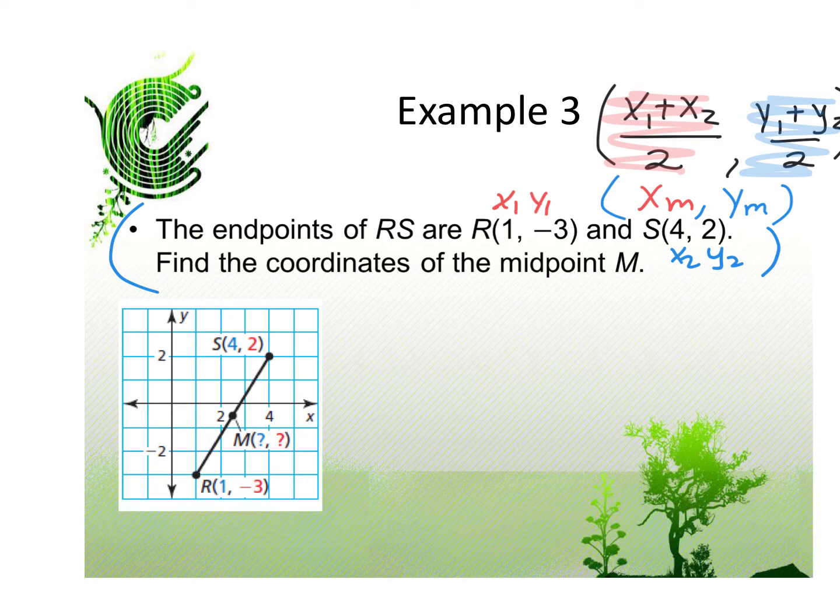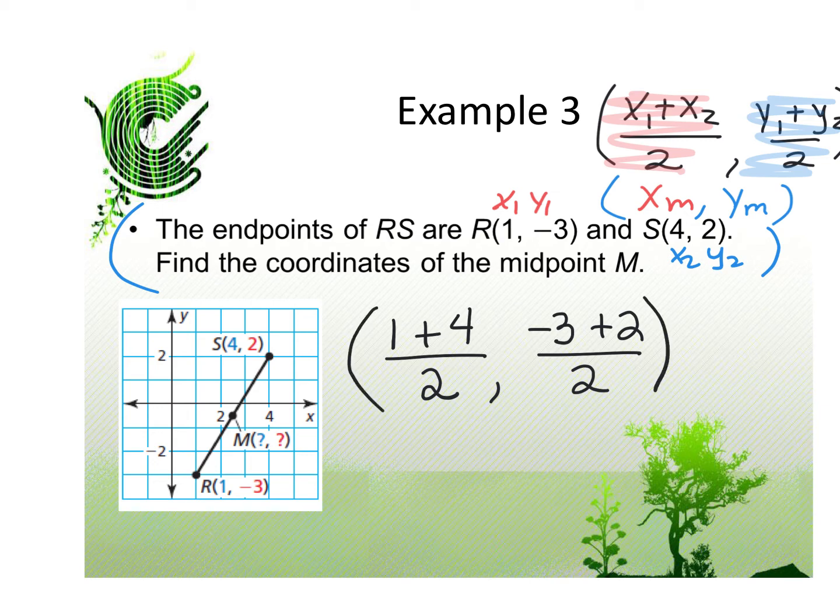So now I'm just going to plug it in. I'm going to take x1 and x2, so 1 plus 4, divide by 2. And then I'm going to take the y's, y1, y2, add them, divide by 2.